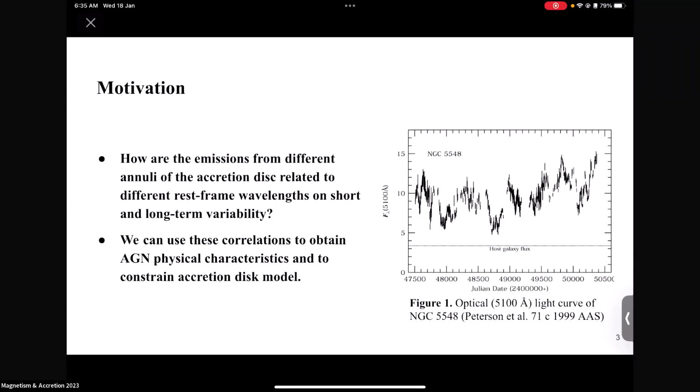So in order to understand the reason behind this variability, we want to understand the relation between the variability of the active galactic nuclei and the rest frame wavelength on long and short-term time scales. And when we obtain this correlation, we can also find the AGN physical characteristics, and it will be helpful to constrain the accretion disk model.